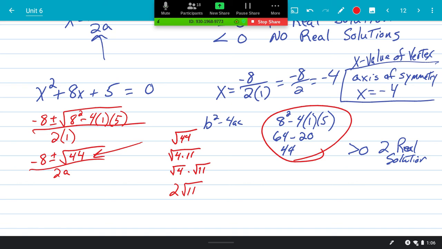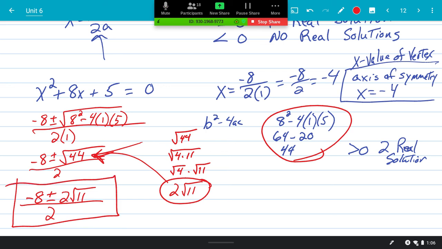So in other words, I can plug this right there, and I have negative 8 plus or minus 2 square root of 11 over 2, because a was 1, so we've already said that's 2. Cool? Now, here's the cool part. I'm done.